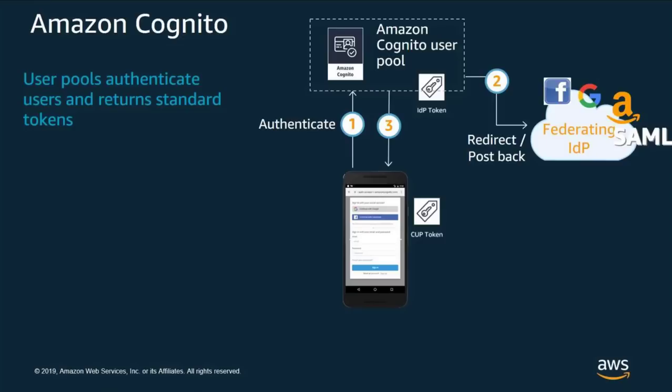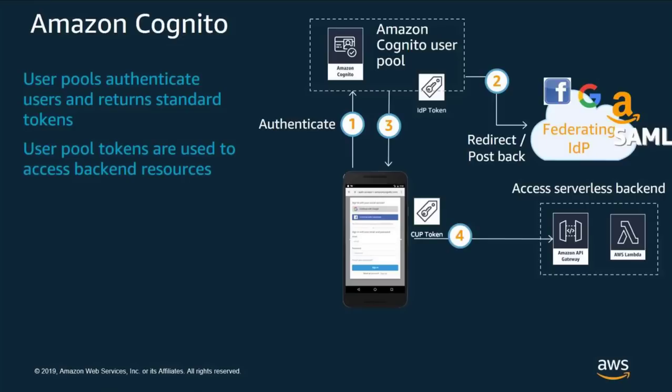Role-based type stuff. You could certainly do that. But then, what's probably more prevalent is you're going to use these CUP tokens that have been provided by Cognito to do OAuth authentication authorization back to the APIs that you might build, right? And we'll talk about some of the neat integrations between Cognito and some of the adjacent services.